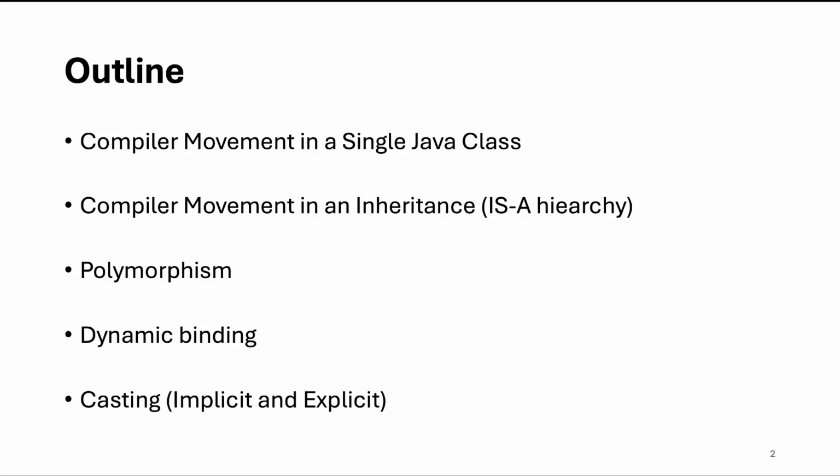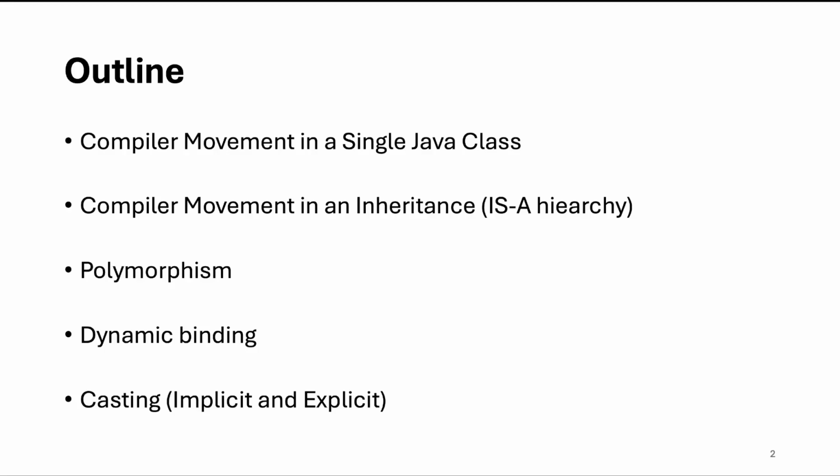Next, we check and learn how a compiler moves in a Java class if it has an inheritance with another Java class. Next, we talk about polymorphism. Then we look at dynamic binding, which is the important property of polymorphism.